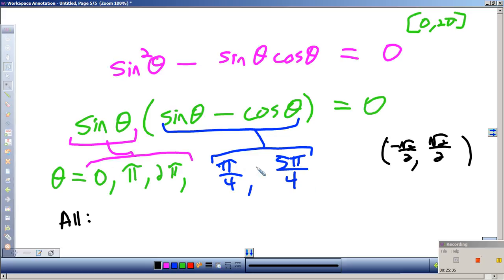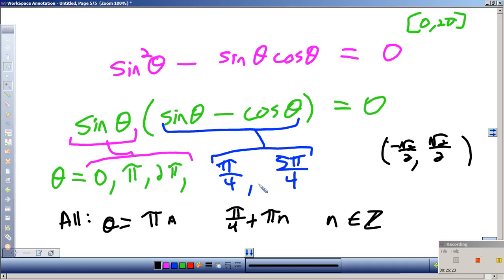So what equation can you come up with that combines all of these? What was the one for just this part? 5n. And this one? And I don't think there's any nice equation.